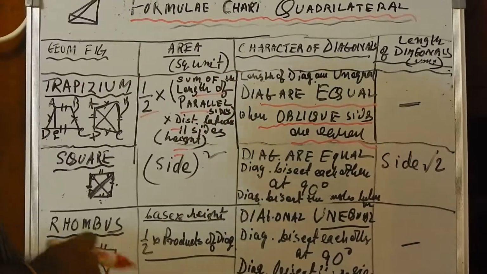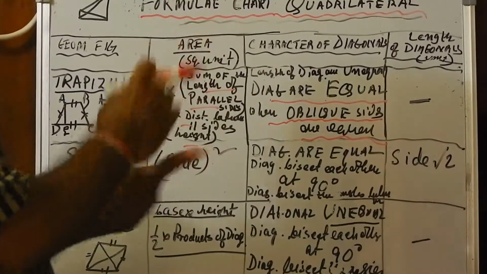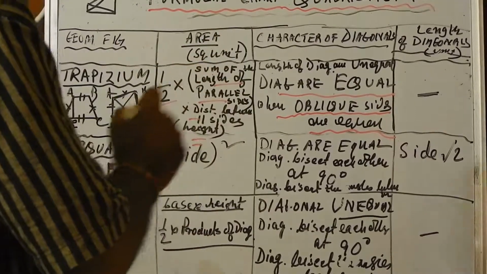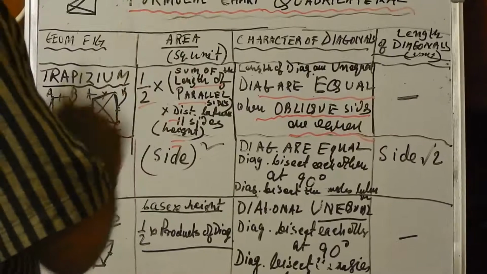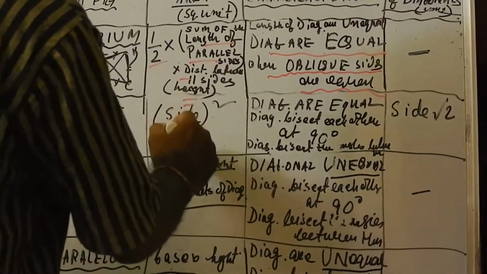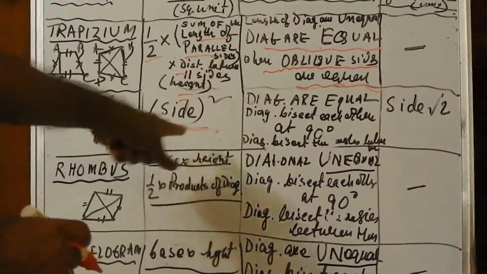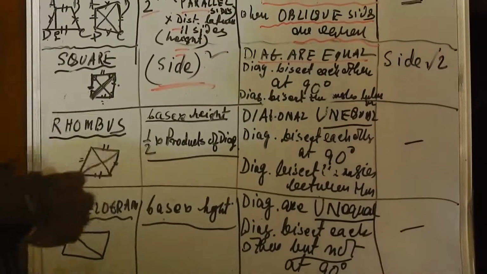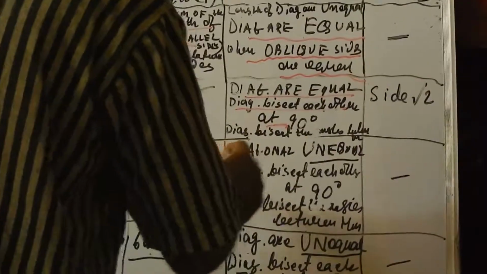The diagonals of a rectangle are equal, they bisect each other, but not at 90 degrees. Here lies the difference between the square and the rectangle, as you can recollect. For a square, all the sides are equal, so the area is simply side square, the diagonals are equal and bisect each other at 90 degrees.